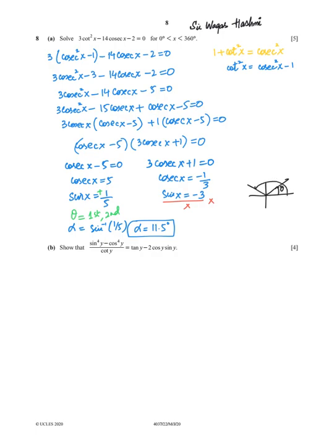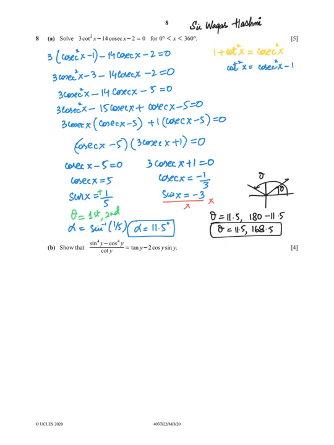So the first value of theta is 11.5, and the next value is 180 minus 11.5. So the final answers are theta equals 11.5 comma 168.5, and these are the final answers.